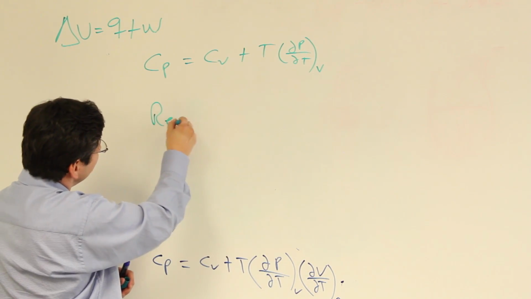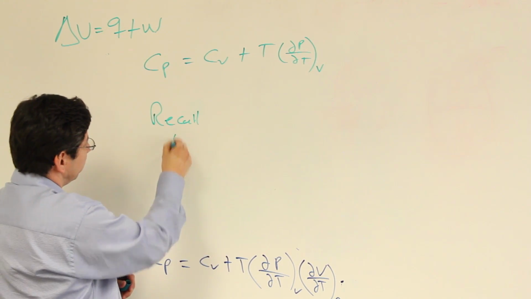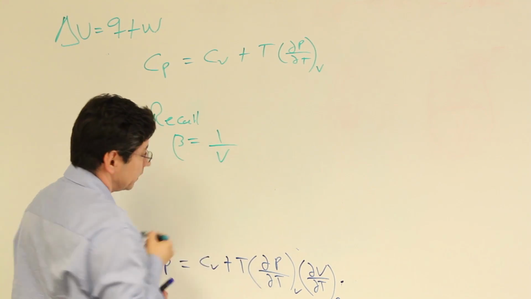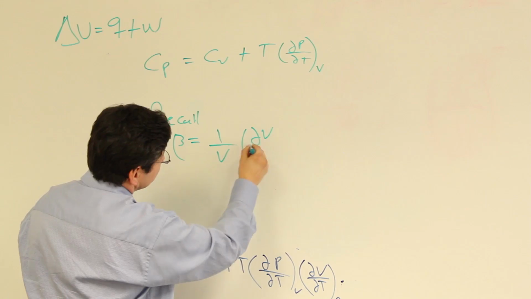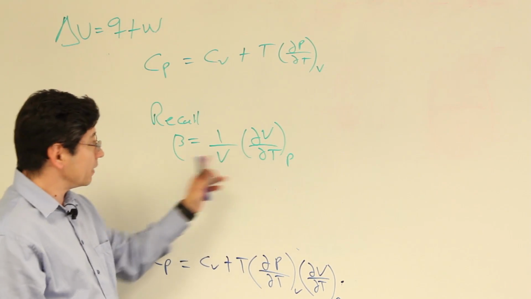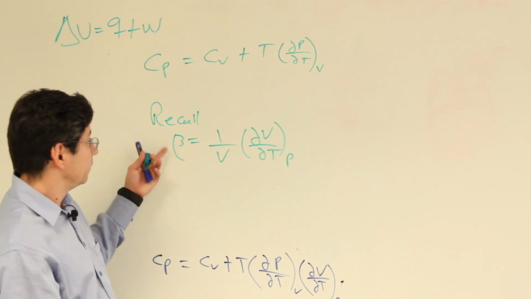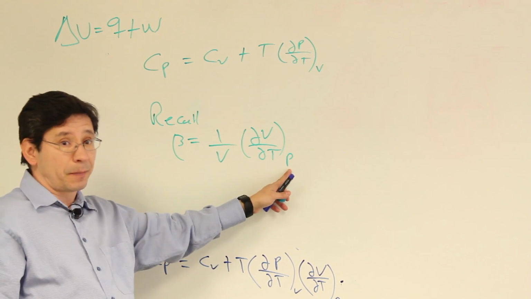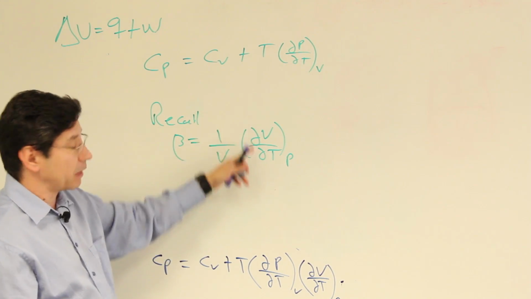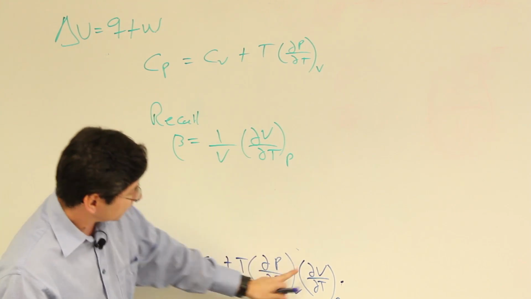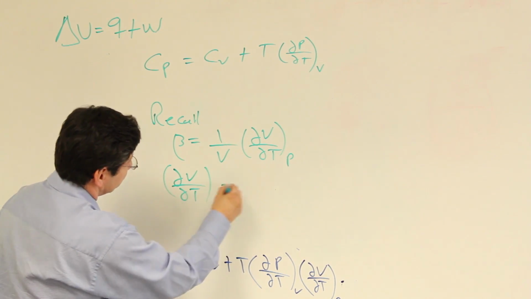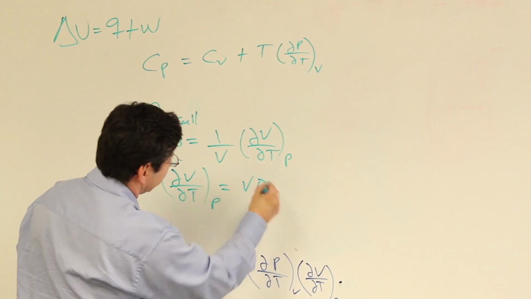Recall, beta was defined in class as 1 over V dV/dT at constant pressure. Do you guys know what the name of this is? Well, this is the isobaric, constant pressure, isobaric volumetric expansion coefficient. So we had dV/dT at constant pressure equal V beta.